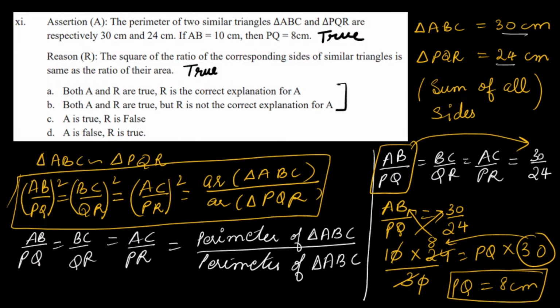But now which option is the correct answer, A or B? Do you think both A and R are true and R is the correct explanation of A, or both are true but R is not the correct explanation of A? Which option is true?